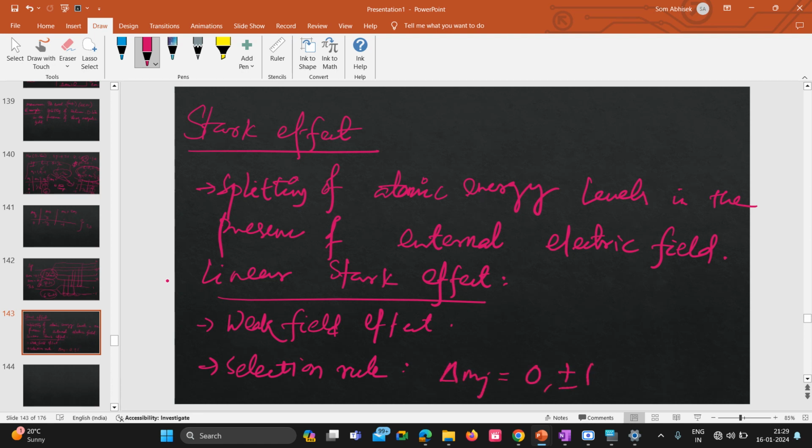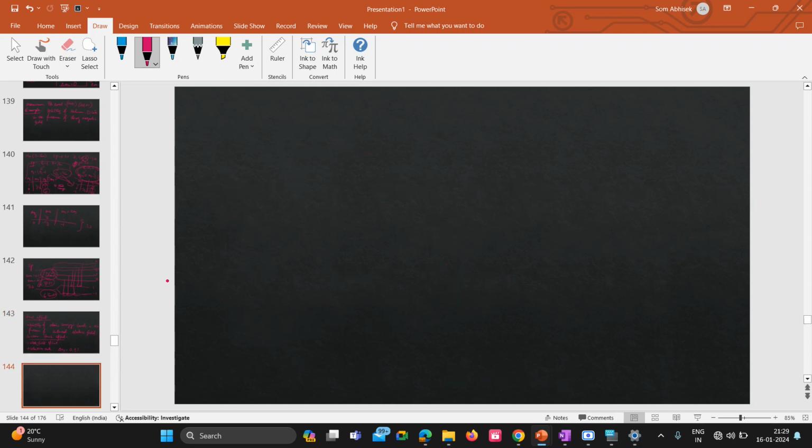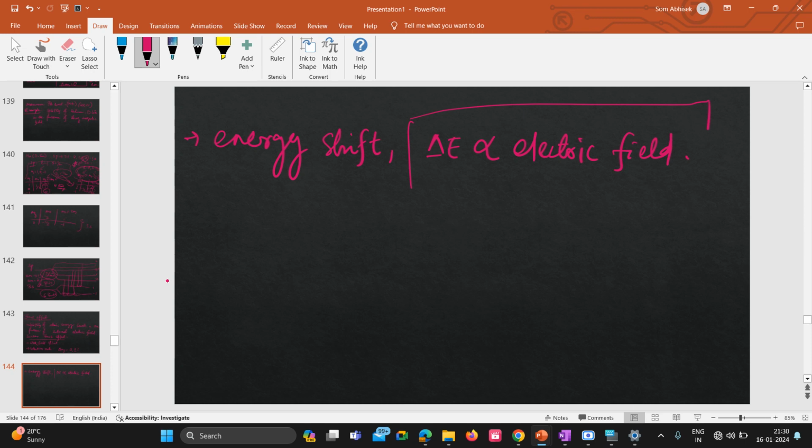What is the energy shift? The energy shift del E is proportional to the external electric field applied. It depends on what external electric field is applied.